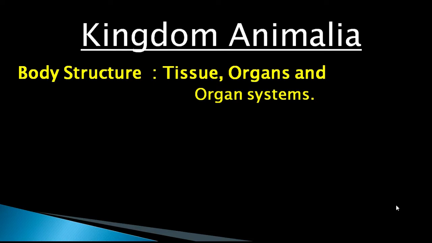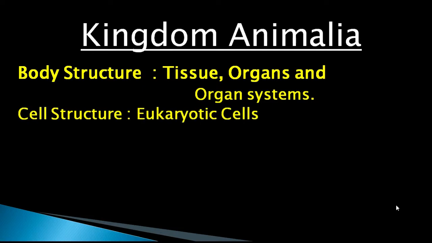Organs and tissues are other body structure organization. Cell structure is eukaryotic cells. Cell wall is absent. This is the basic difference between a plant cell and an animal cell: a plant cell contains a cell wall, on the other hand, an animal cell doesn't contain a cell wall.